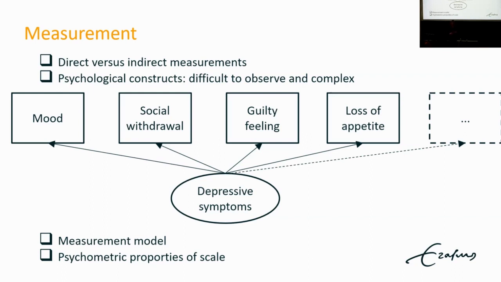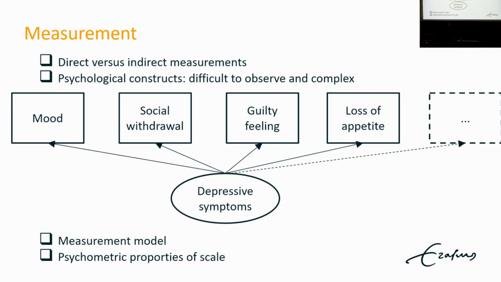Like, for example, my mood, or whether I socially withdraw, or whether I often feel guilty, or whether I have a loss of appetite. This is a somatic symptom of depression. So those are indicators of the latent construct, and we can try to measure those indicators and link them to something that we cannot directly observe. And this is a way to indirectly try to get a hold on the level of depressive symptoms of the people I'm interested in.